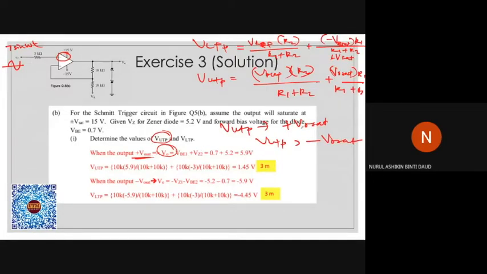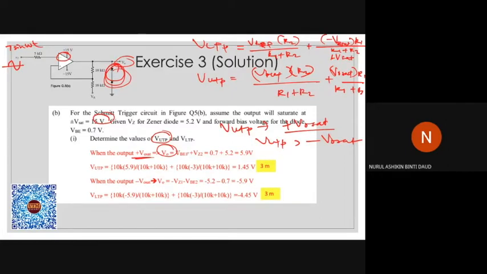But this VO saturation, you cannot straight away take this value, because there is a Zener diode here, and this V output is after the Zener diode. So you need to consider these two diodes.